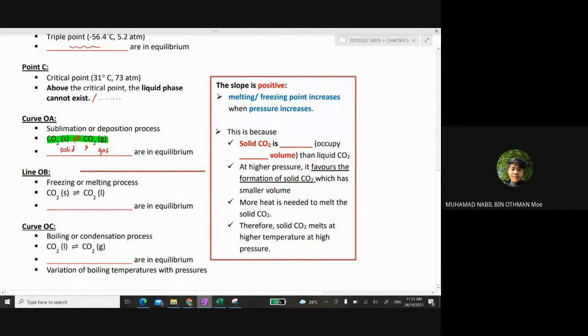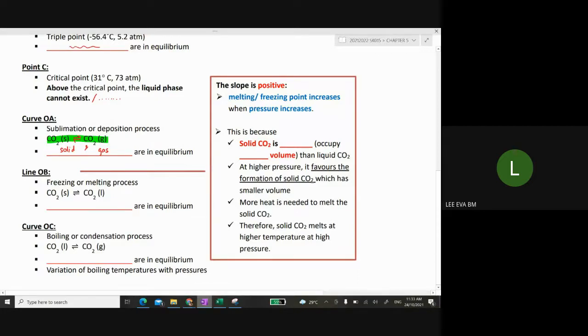Melting. Okay, solid into liquid. Example, your solid H2O melts into water, liquid H2O. So that is a melting process. Okay, and if you change from liquid into solid, that is a freezing process.